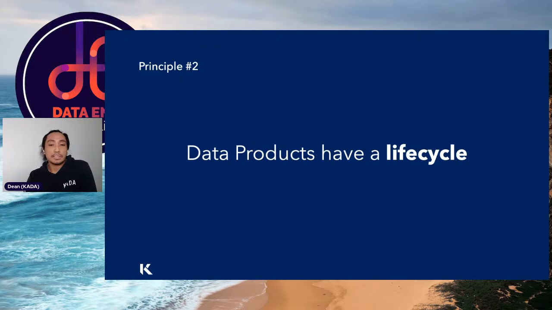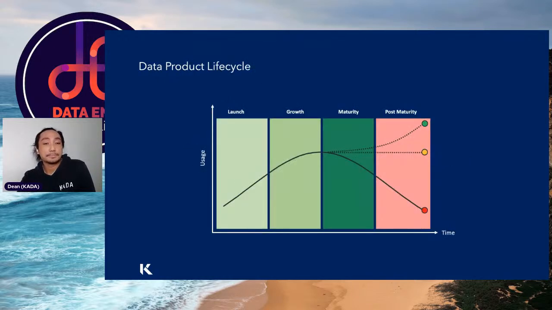The second principle is to consider that products go through a life cycle. They get launched, used, and then they die. And if you're lucky, your data products keep growing and growing, or they reach a level of stability over a long period of time. But if your data products are bad, they can go from launch to dead in a few days.